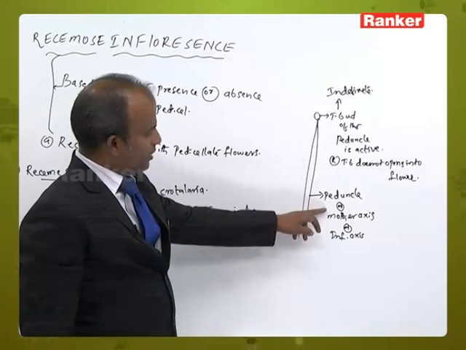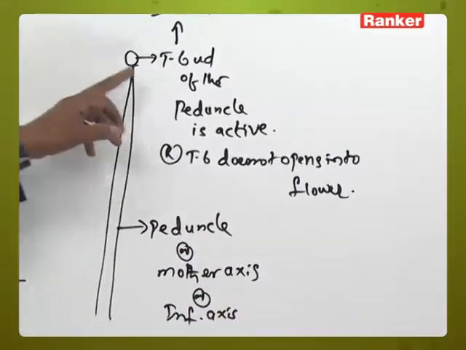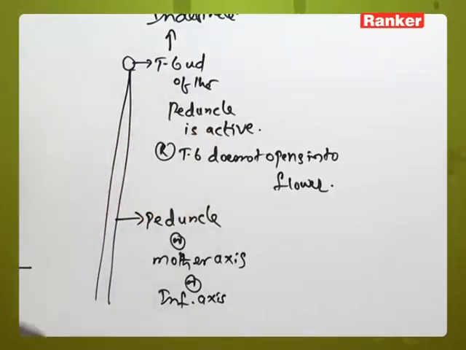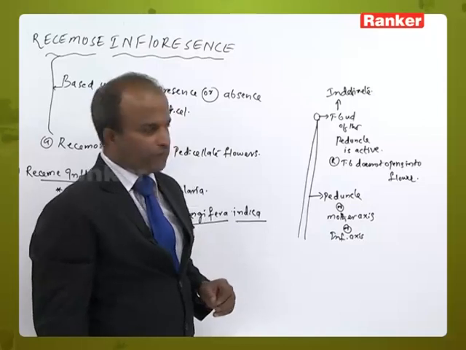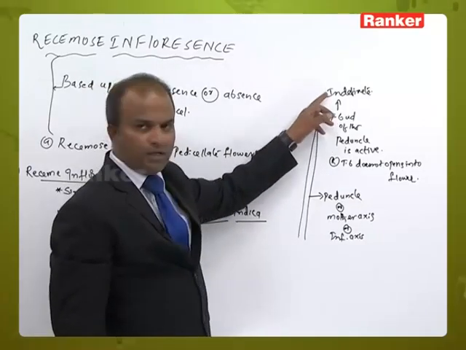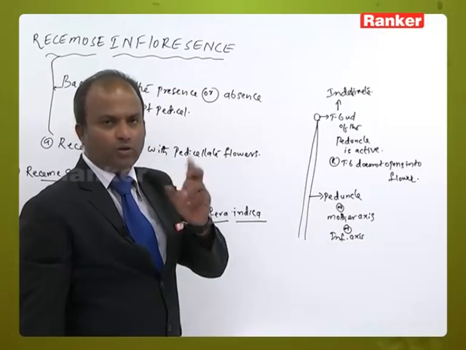Think this is the peduncle, or mother axis, or inflorescence axis. The terminal bud of the peduncle is active because it does not open into a flower, so it shows indefinite growth.